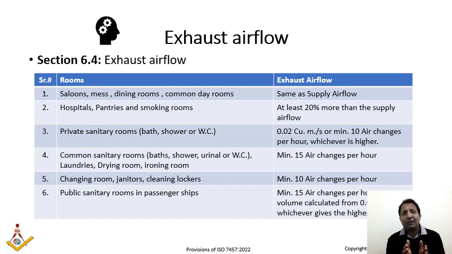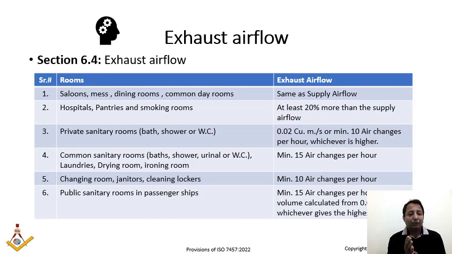These sanitary rooms are near the mess rooms where many people are eating and they just want to wash their hands and go for the shower or urinals or WC. These are called the common sanitary rooms. And for common sanitary rooms, laundries, drying rooms, iron rooms, minimum 15 air changes per hour.